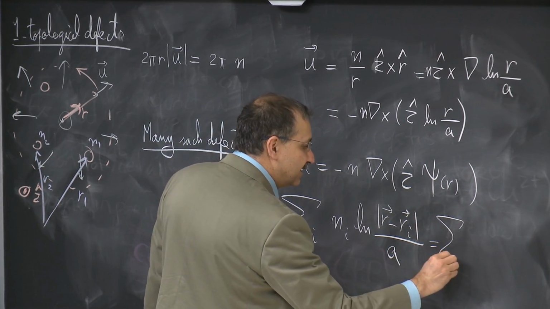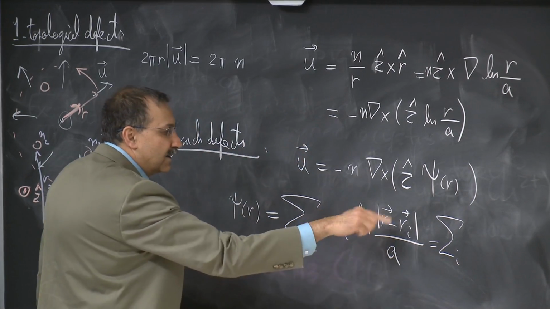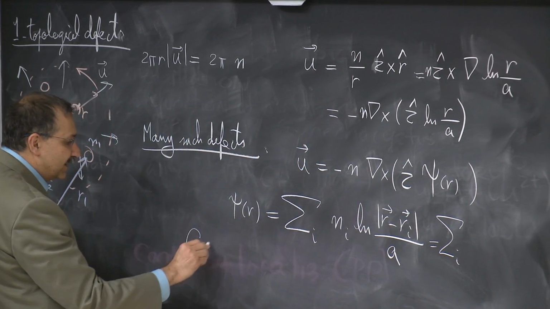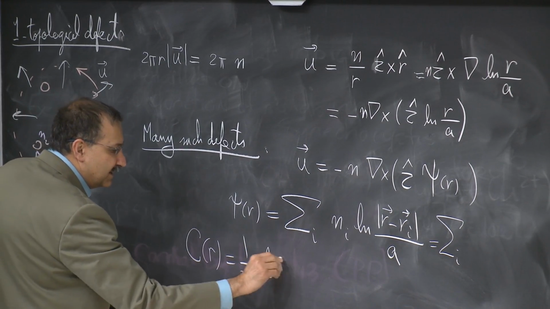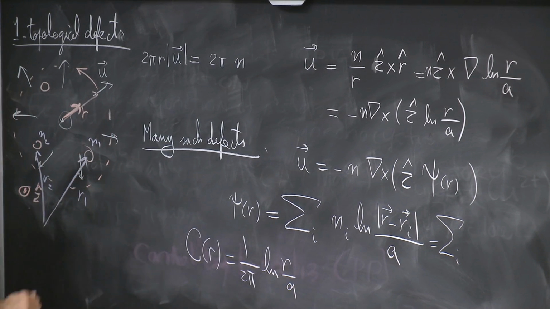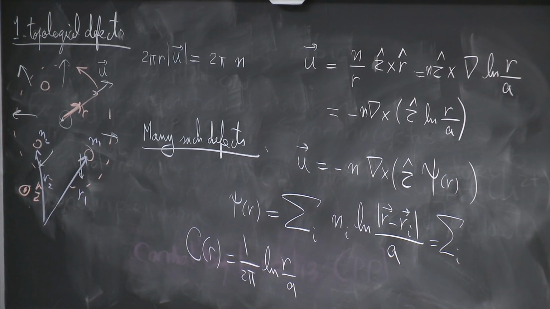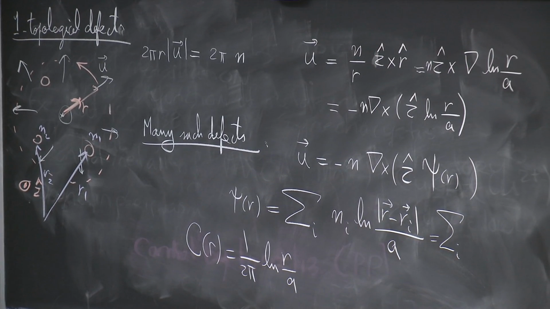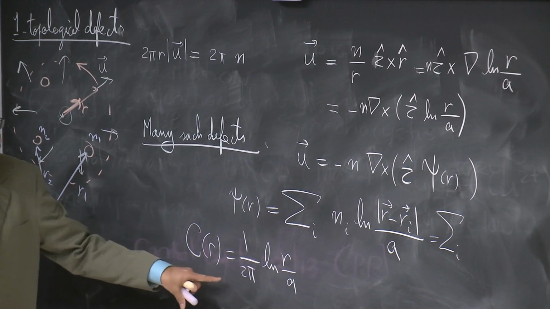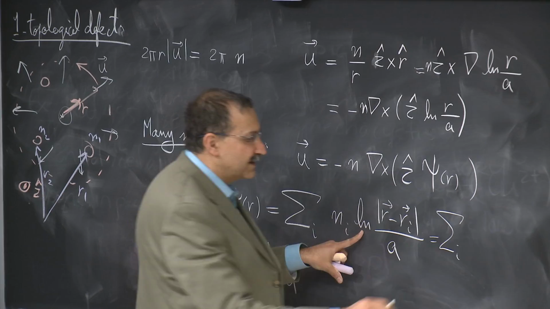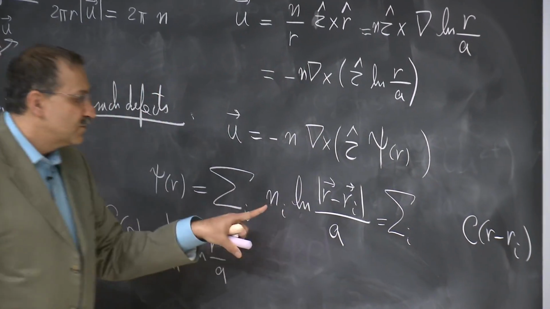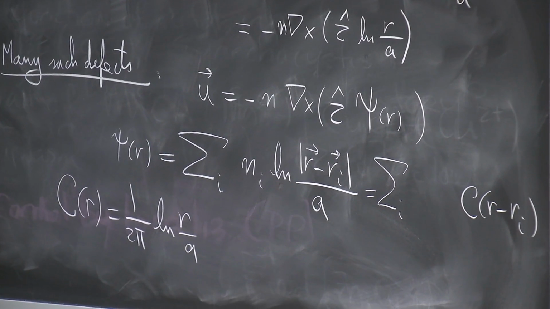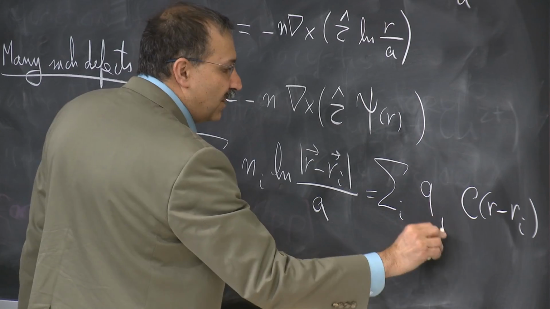I will sometimes write this in a slightly different fashion. Recall that we had a Coulomb potential which was related to log by just a factor of 1 over 2 pi. So the correct version of defining the Coulomb potential is this. So this I can write as the Coulomb potential, provided that I multiply the 2 pi ni, and I sometimes will call that qi.